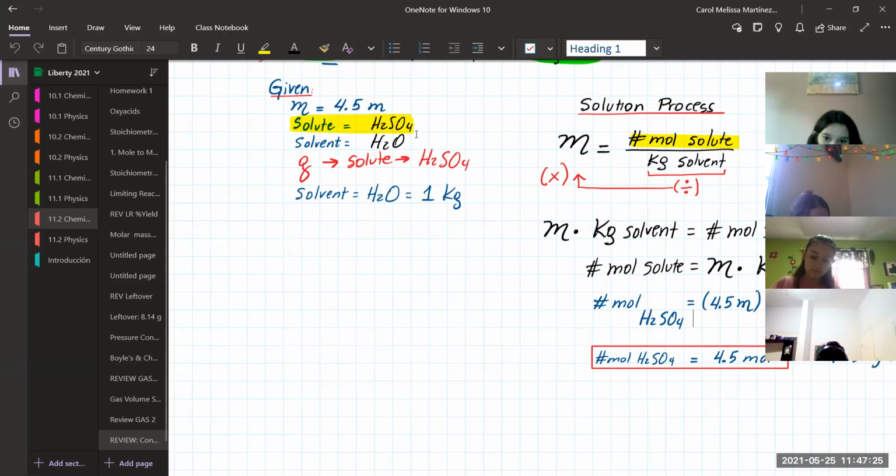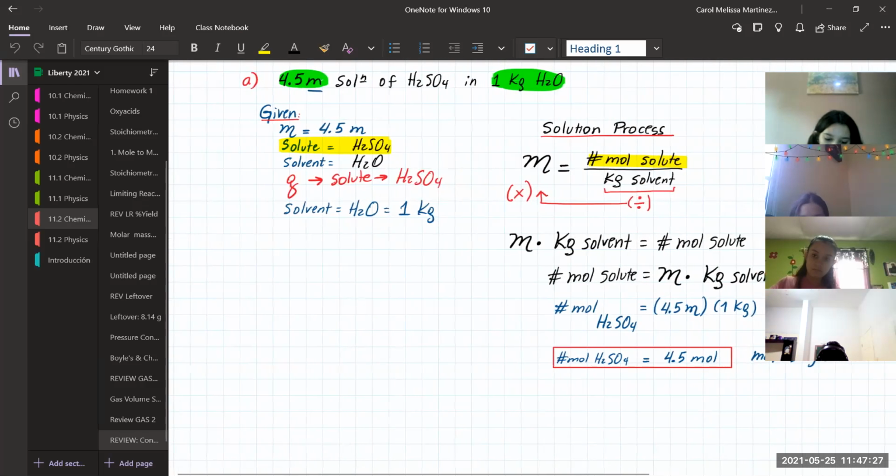And what is the conversion factor that we use to convert from moles to grams? The molar mass. Exactly, the molar mass. Now, remember that we are looking for the solute. So we're going to be using the molar mass of the solute.